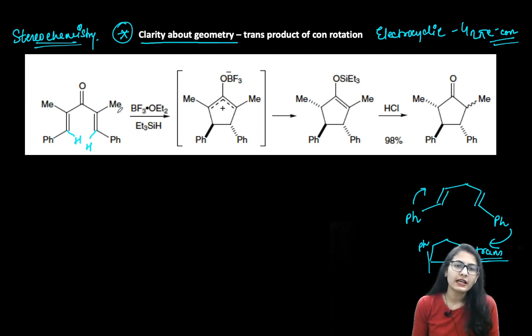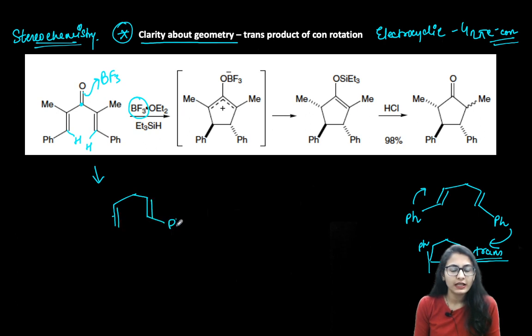In this case, we are using boron trifluoride, basically a Lewis acid, BF3. We can directly write it like this also, because ultimately you have a positive charge on this carbon that gives you an intermediate like this. I have taken this example directly from Carruthers, and I hope that you follow that book.